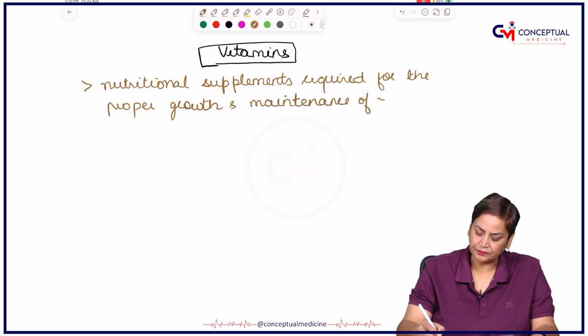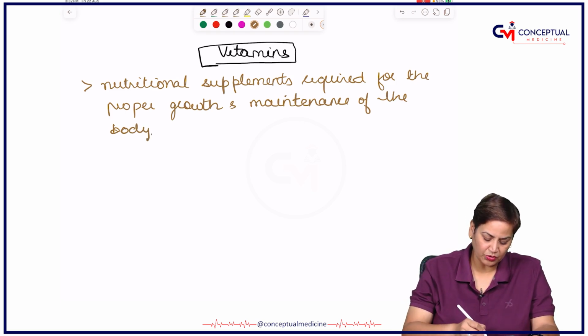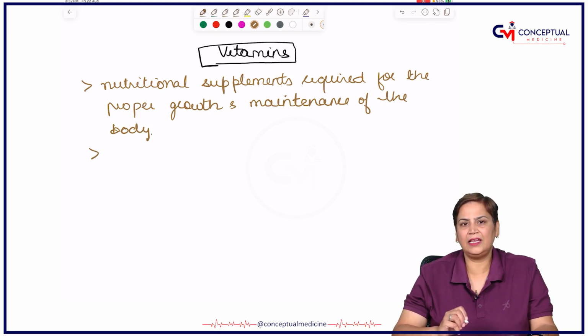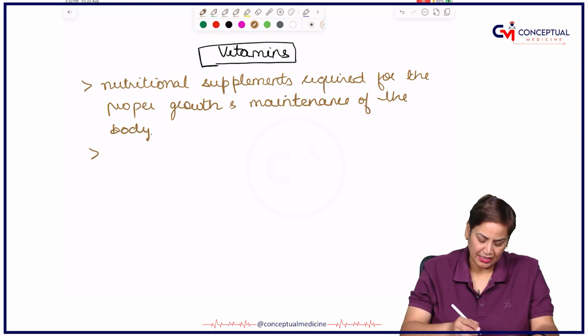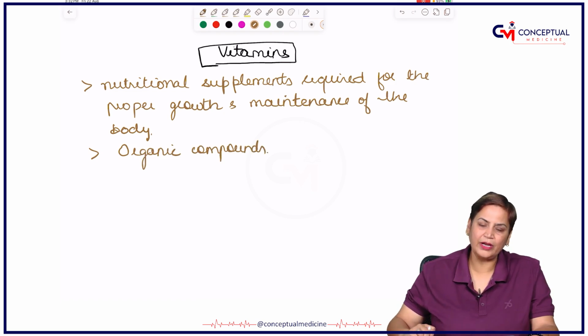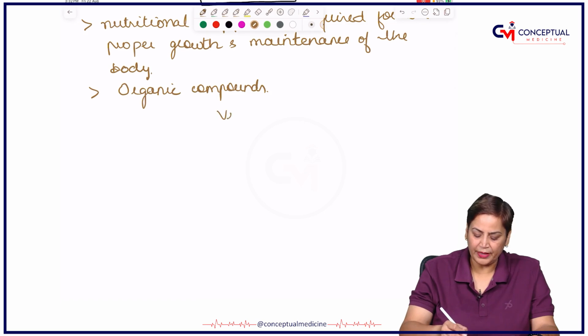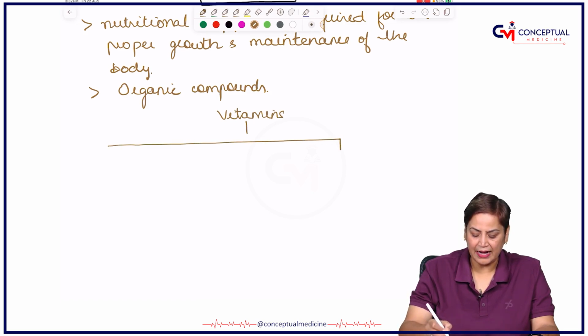Right? Now see, always remember, vitamins are basically organic compounds. Organic compounds means they are compounds formed of carbon, so they are organic in nature. This term was coined by the scientist Funk, and vitamins are of two main types: water soluble and fat soluble.